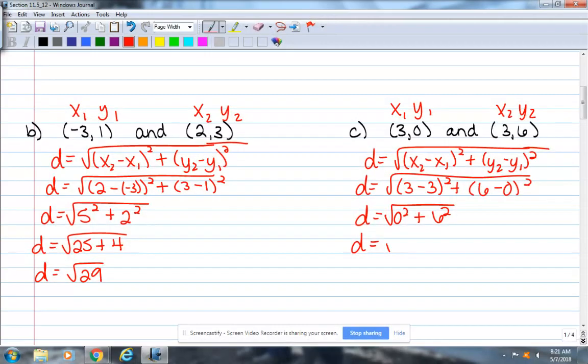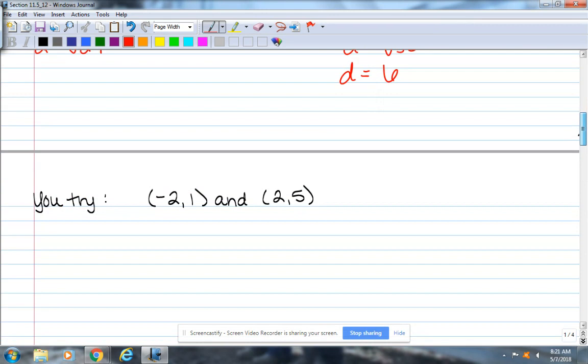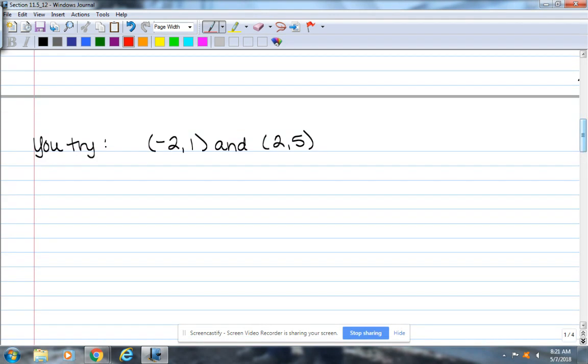So D equals radical 0 plus 36, which is the square root of 36, which equals 6. So if you can simplify your radical, then simplify your radical. Any questions about distance formula and how to use it? All right, you guys try this one. Write the formula, plug it in, get your distance.